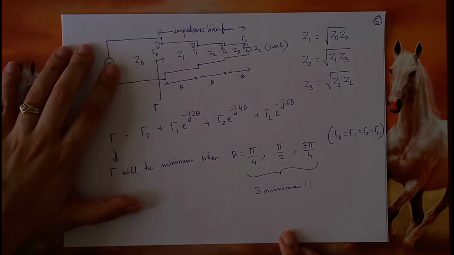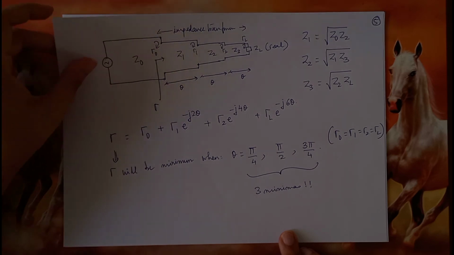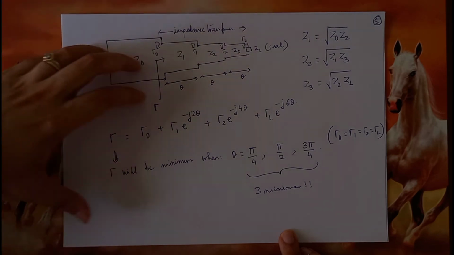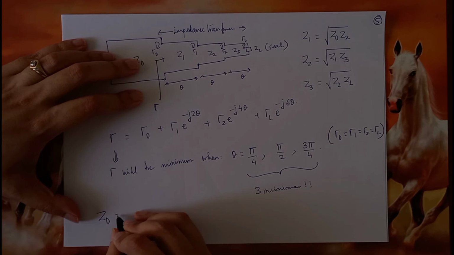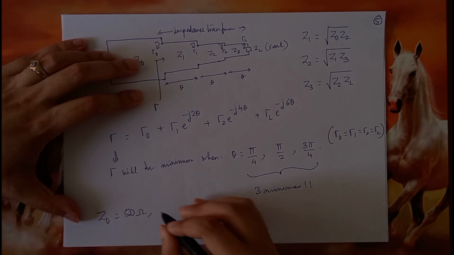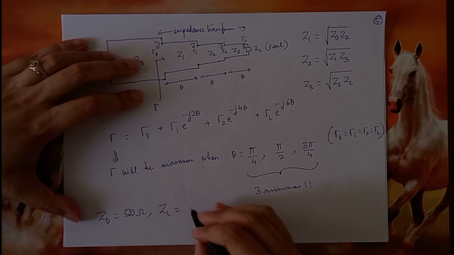So then let us go back to that same example which we have been taking all this while. That is, Z0 is 50 ohms and ZL is 100 ohms.